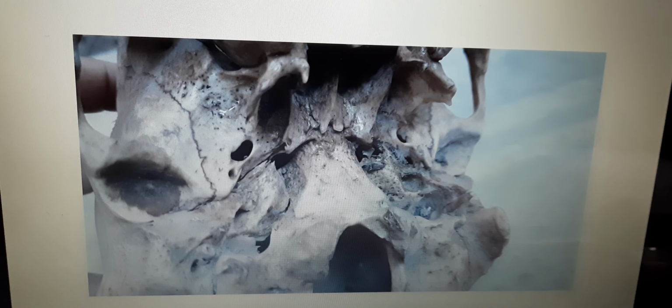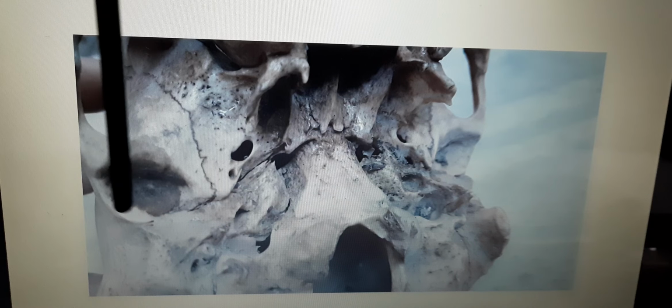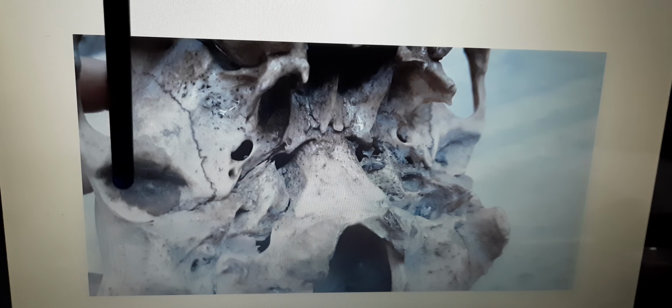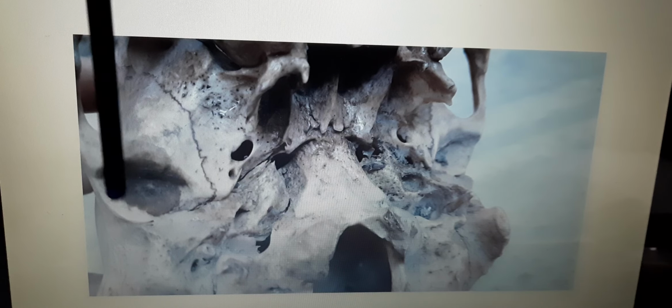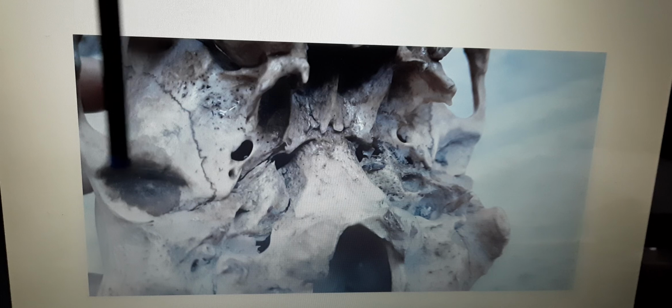Now here you are seeing the mandibular fossa, which joins with the head of the mandible and forms the temporomandibular joint. This fossa is bounded entirely by the articular cartilage.